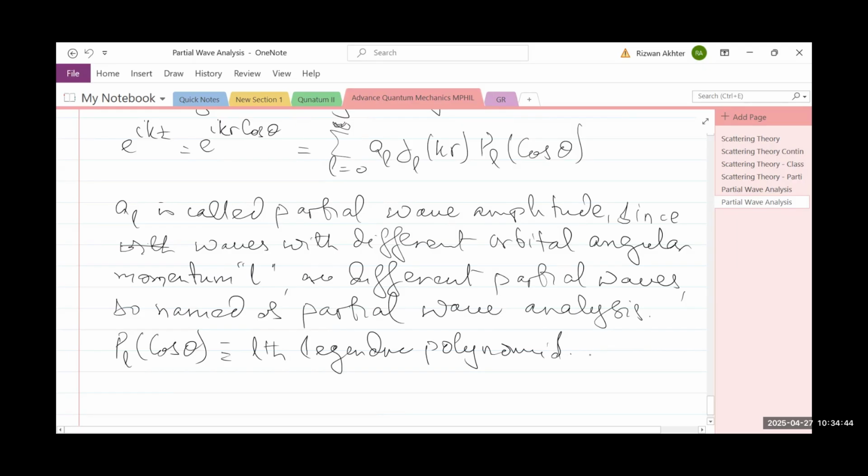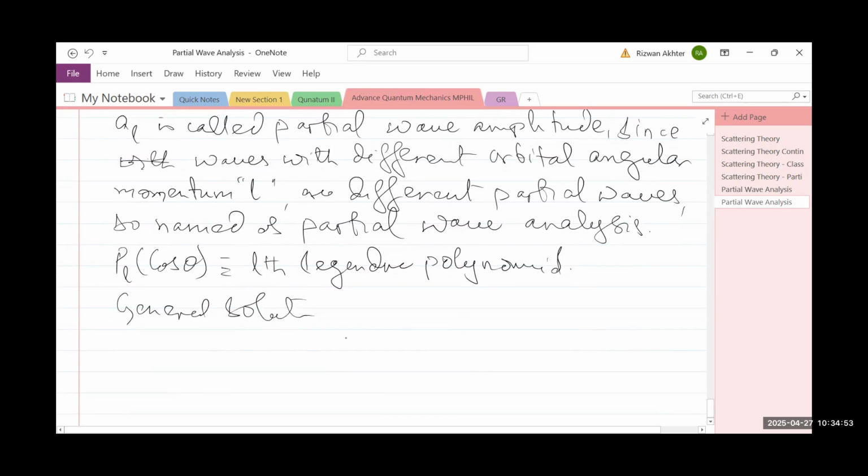So the general solution, आपको मालूम है वो क्या होता है? General solution is in fact, if you remember, वो क्या था? That was R of r and Y m l of theta comma phi.